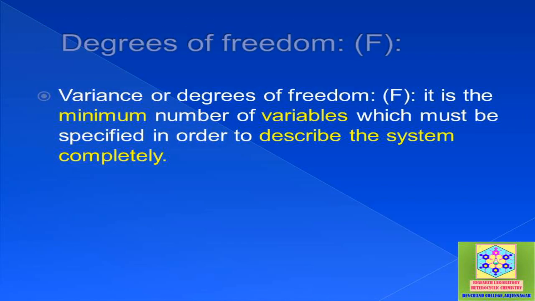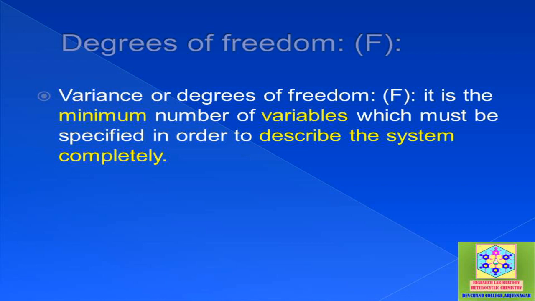Another term involved in the phase rule is degrees of freedom or variance. Variance or degrees of freedom is the minimum number of variables which must be specified in order to describe the system completely.